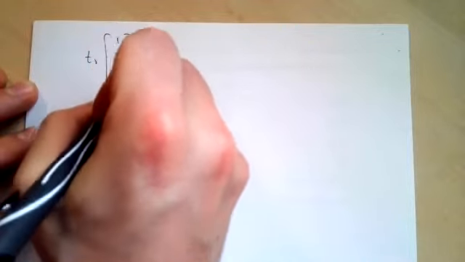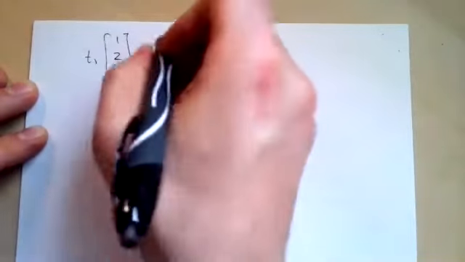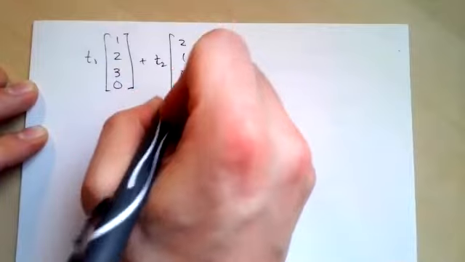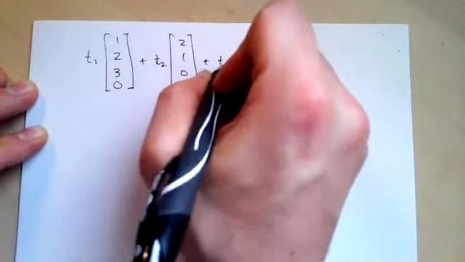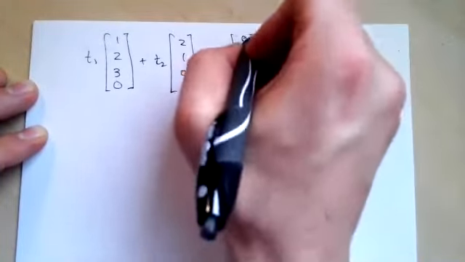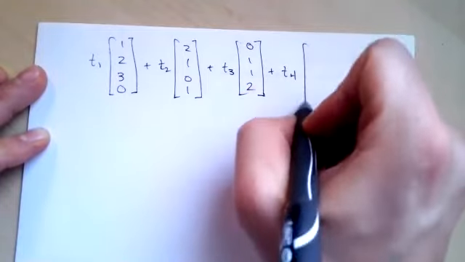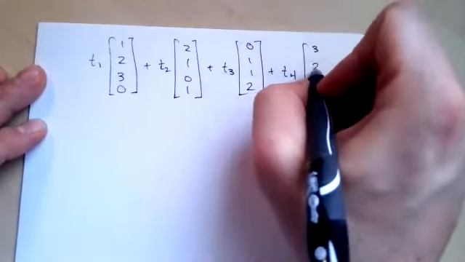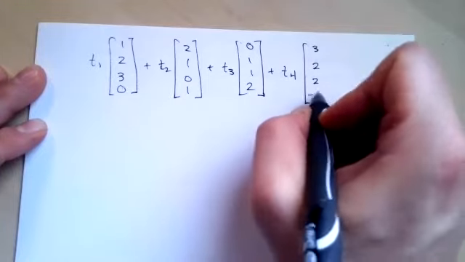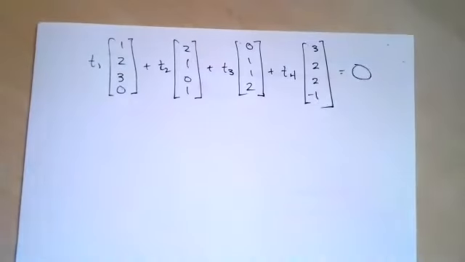So we've got T1 times 1, 2, 3, 0, plus T2 times 2, 1, 0, 1, T3 times 0, 1, 1, 2, plus T4 times 3, 2, 2, minus 1, equals 0.